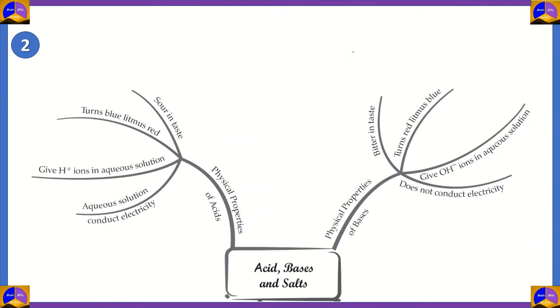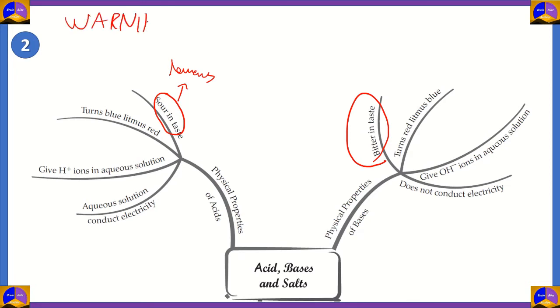So an acid is a substance that is sour in taste, while bases are usually bitter in taste. Now, if you have eaten lemons or oranges, sometimes you feel them sour in taste, so that's when you know that they are acidic. So an acid is usually sour in taste, but then big warning, do not taste something that you don't know.